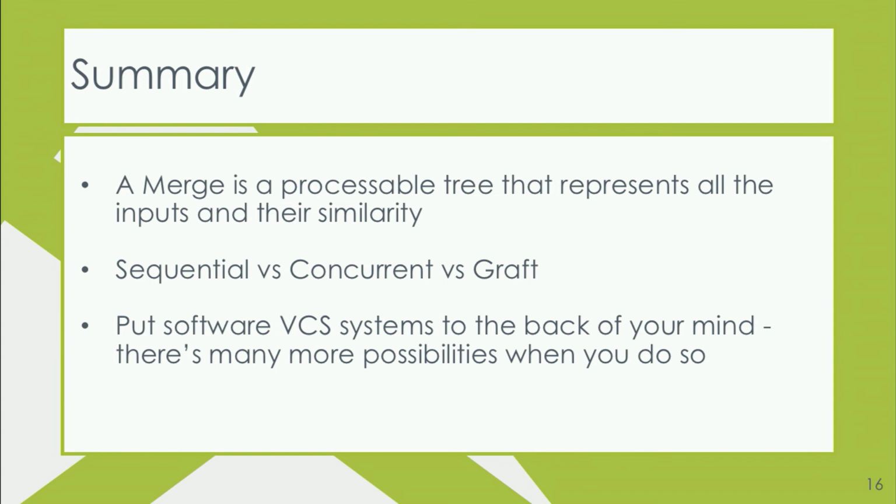So we feel that all sequential, concurrent, and graft are different concepts. We're still working on clarifying the precise details of how the processing of the rules will work. The one thing I think we've learned is that software version control systems have done things in a very similar way since the days of CVS.